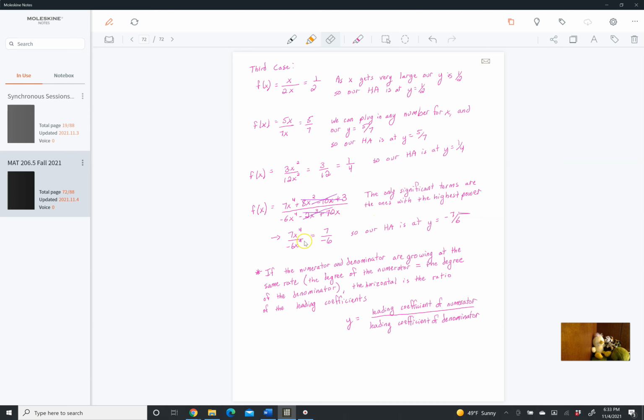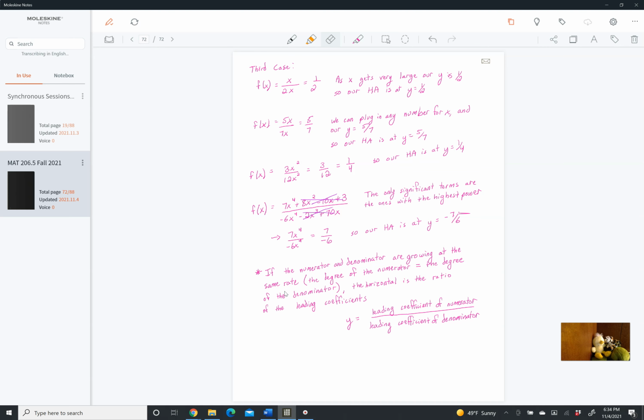Okay, and that's because the x's, because they're growing at the same rate, they're always going to cancel. You're going to have x to the fourth over x to the fourth. It cancels out. X to the 10th over x to the 10th, it will cancel. The only thing that you'll have left are the coefficients. Okay, so that's the third case.